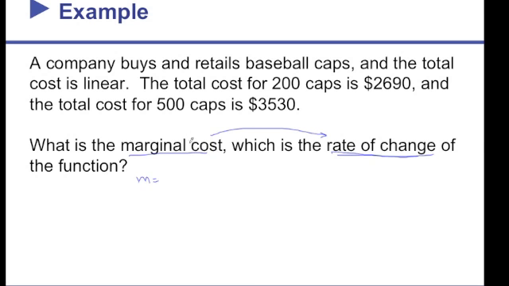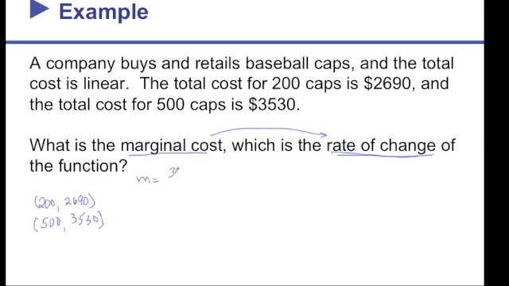If I were putting these as ordered pairs, I would have 200 caps, 2,690. That's an ordered pair. And 500 caps results in 3,530. The number of caps is my independent or x variable.